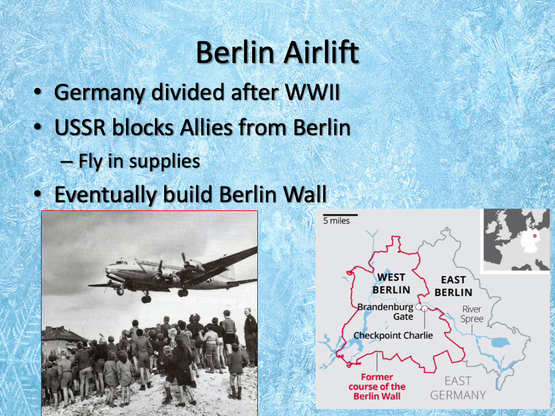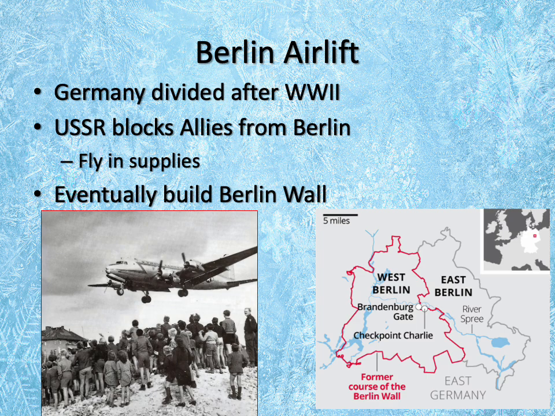But what happens as a result? Eventually, the Berlin Wall is built. The Berlin Wall surrounds West Berlin because East Berliners had been trying to escape and get into West Berlin, knowing that if they could get into Allied occupied territory, they could more easily get away to freedom because, again, Berlin is deep within Soviet territory.